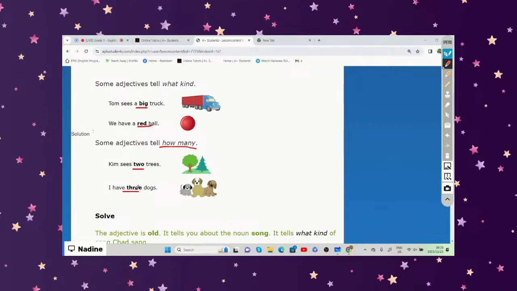So 3 is our adjective. And it basically tells us about a person, a place, a thing, or an animal. It will either tell us what kind, or the adjectives will tell us how many.